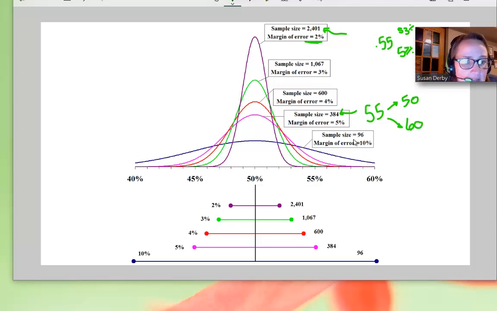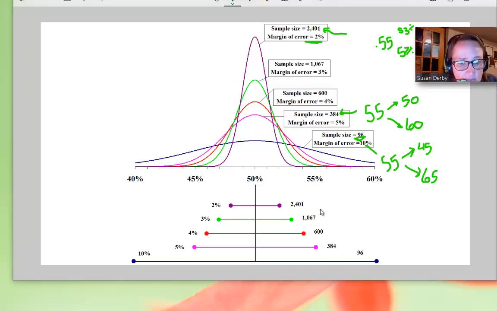It's only when we have a really small sample size like 96 that the 55% of voters that I'm sure that I'm going to get, all of a sudden it might be as low as 45%, or all the way as high as 65. This has a lot more wiggle room, and I'm really not sure where I'm going to fall within that.